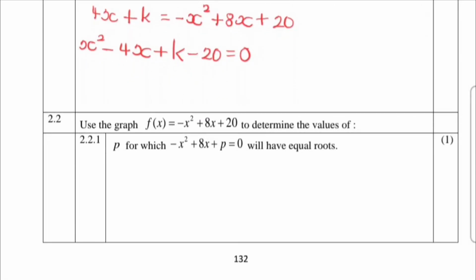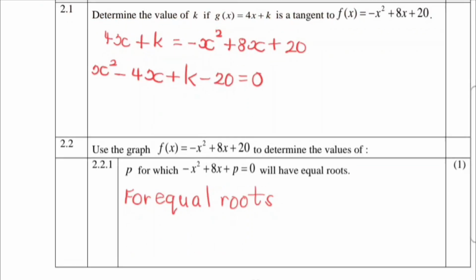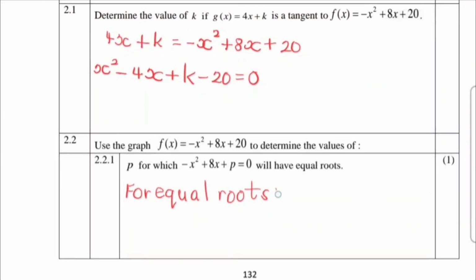For 2.2.1, it says use this graph of f of x to determine the values of p for which this equation will have equal roots. Now remember that for equal roots, our condition is that the discriminant must be equal to 0.